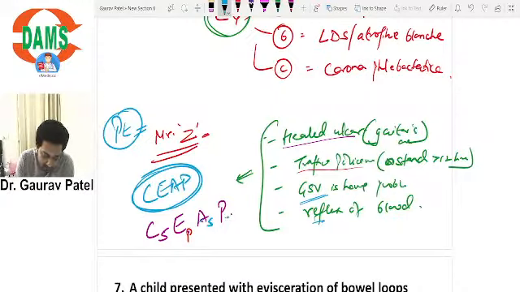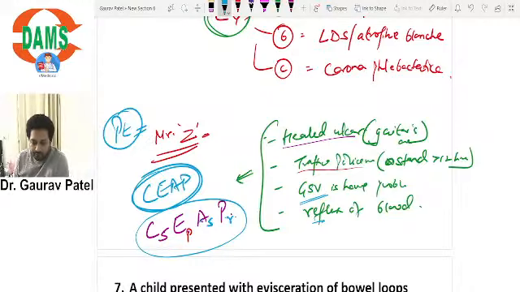Pathophysiology, reflux, PR. Although in the exam they will ask a very straightforward C, you should know about the E, A and P also. This is just a random example to tell you the meaning of E, A and P in this case.